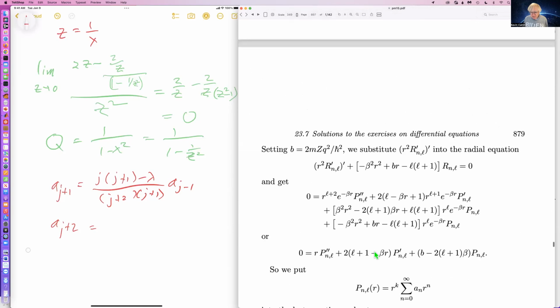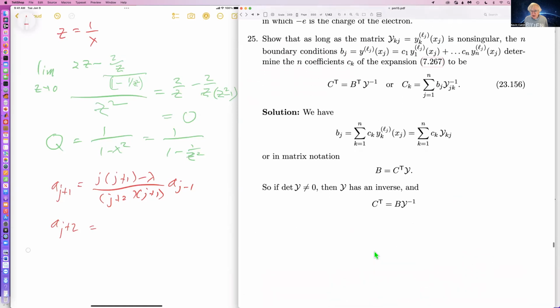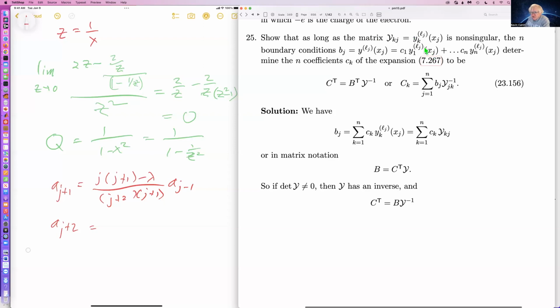All right, so I'm going to skip the rest of this derivation here and go through this problem. So we imagine that the matrix formed from the boundary conditions, this is the L_j-th derivative of the y_k-th solution evaluated at x_j, is non-singular, that is to say it has a non-zero determinant.